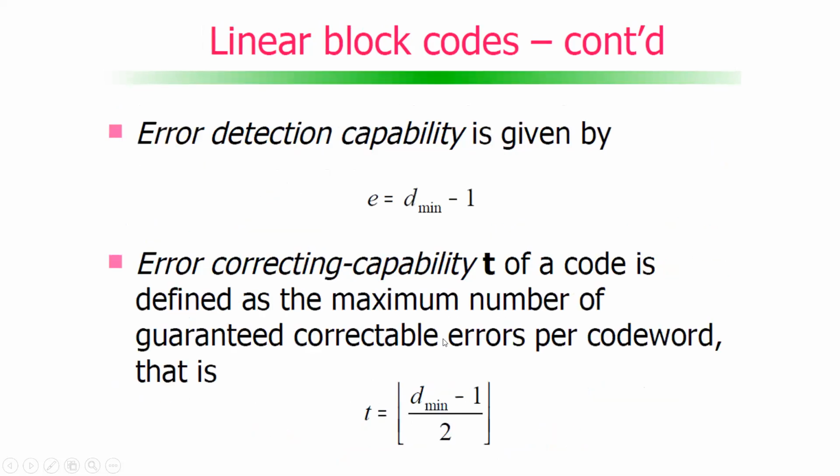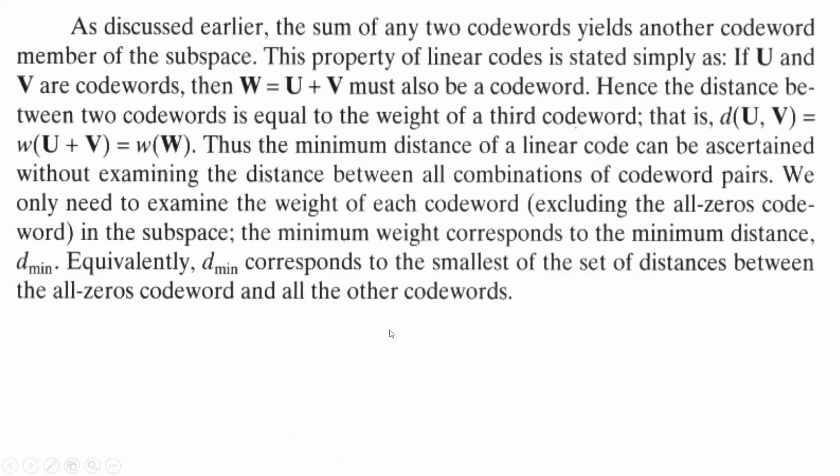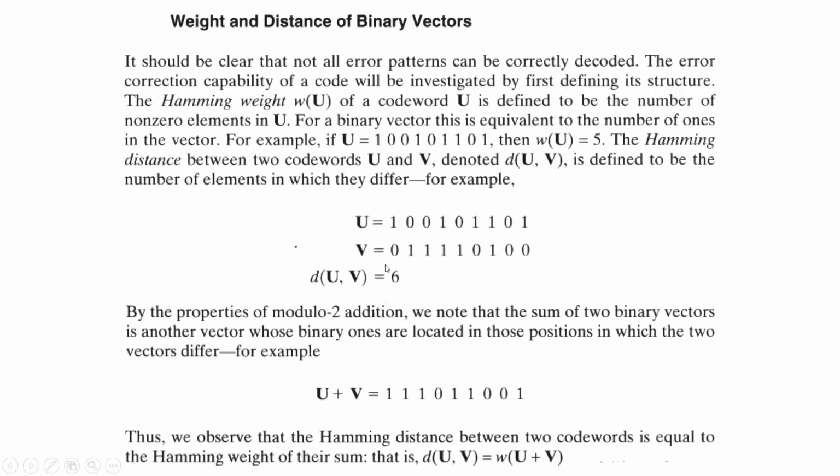The point that I want to make here is that if you want to find out the minimum distance of a linear block code, let us say there are 50 code words in the code book.